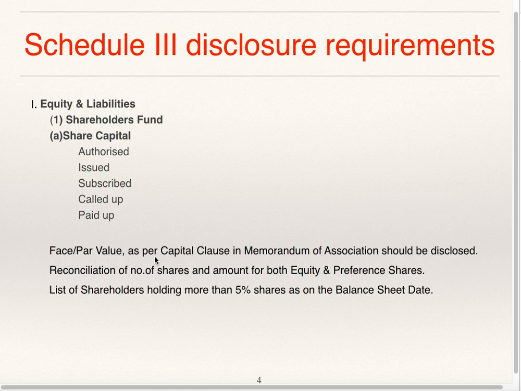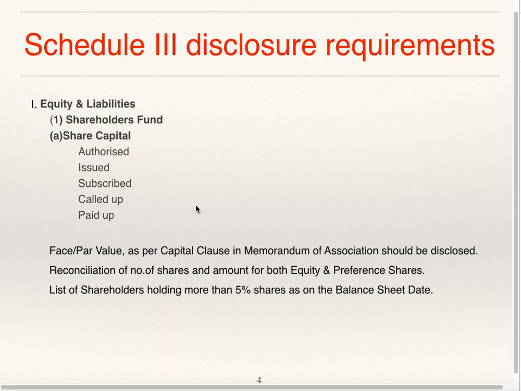Face or par value as per capital clause in memorandum of association should be disclosed. Reconciliation of number of shares and amount for both equity and preference shares. List of shareholders holding more than 5% of shares as on the balance sheet date is to be disclosed.